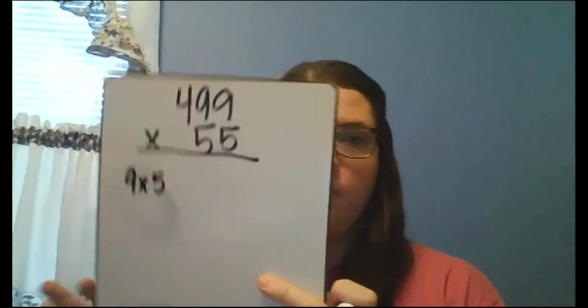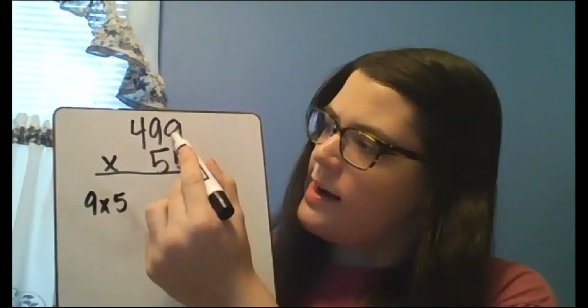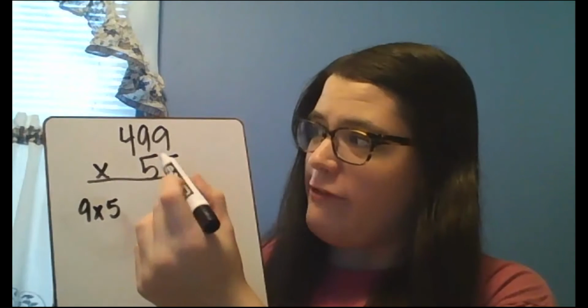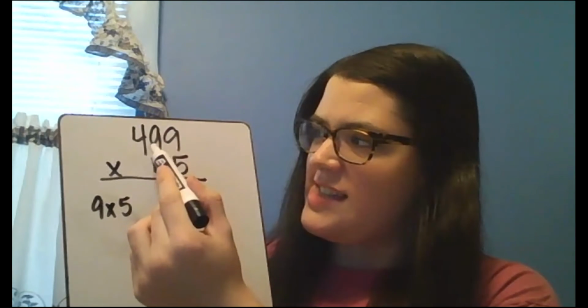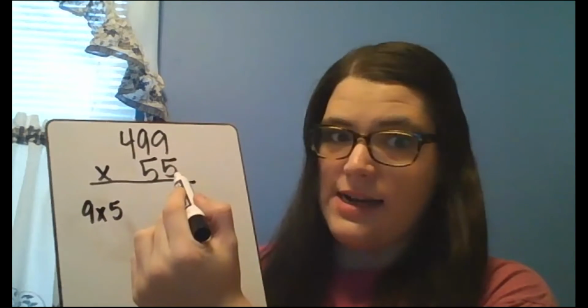So I'm going to add that to my list of problems for break apart. 9 times 5, should probably write it smaller so we have enough room. So all we did was we said 9 times 5. Then we go to the tens place. So this is a 90. 90 times 5.